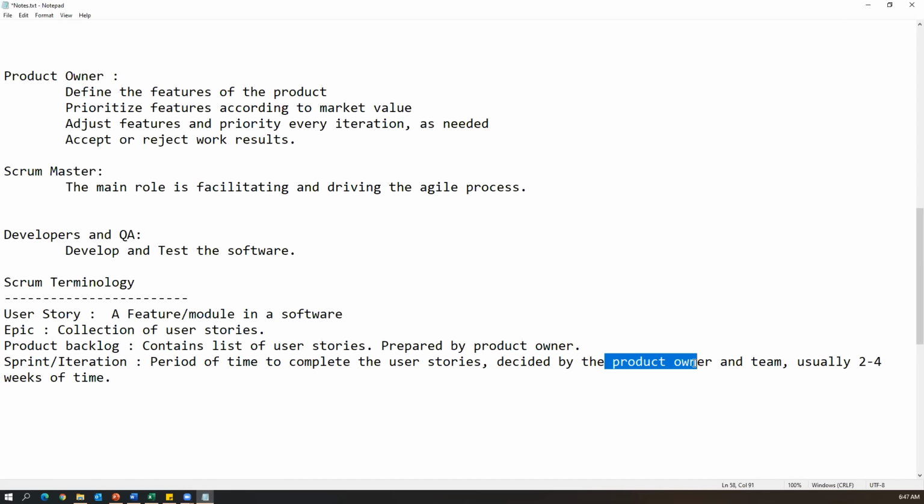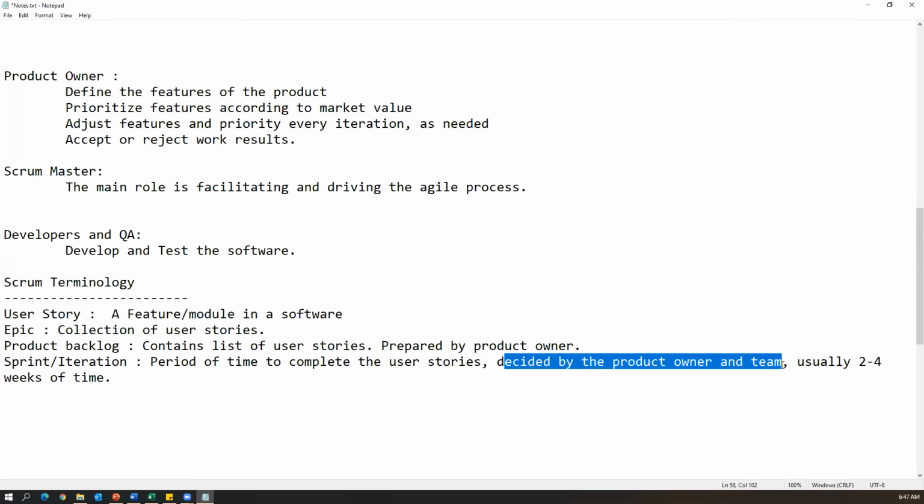So a sprint or iteration is a period of time to complete the user stories. Complete the user stories in the sense that development and testing both should be completed within that span of time, decided by the product owner and team. Not only the product owner, but along with the team, both together will decide the sprint duration and how many stories should be developed and tested during the sprint.